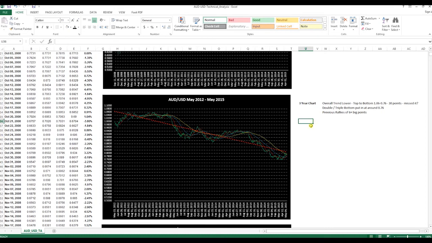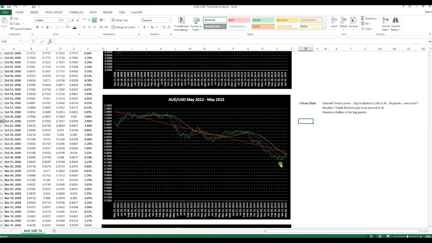With an overall lower trend, the top to bottom, we're looking at 1.06 down to 0.76, and we're near the lows here for the last 3 years. So we've got a 30-point move top to bottom and an overall well-defined trend that we're not really early to. It looks like we're coming into this quite late. So there's a 30-point top to bottom move. We have to ask ourselves the question here, have we missed it? Have we missed the best returns of this total trade?